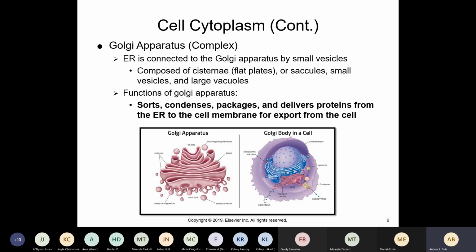The function of the Golgi apparatus is that it sorts, condenses, and packages. I think of it as the UPS guy of the cell. It sorts, condenses, packages, and delivers proteins from the endoplasmic reticulum to the cell membrane for export from the cell.